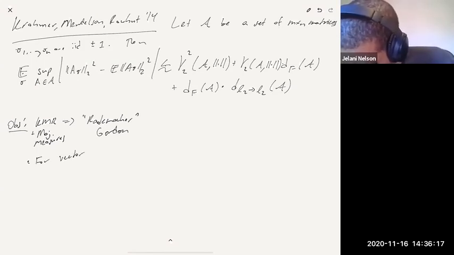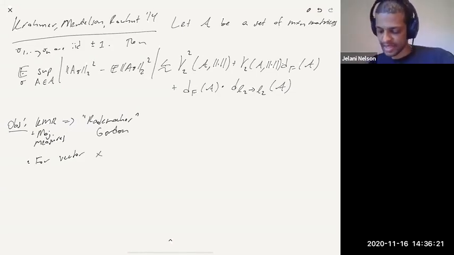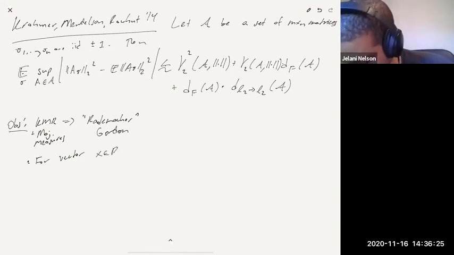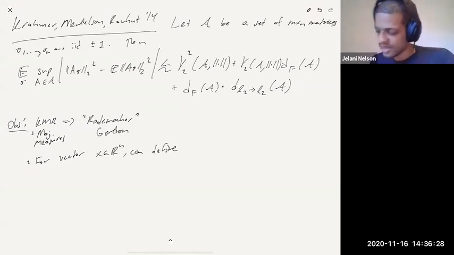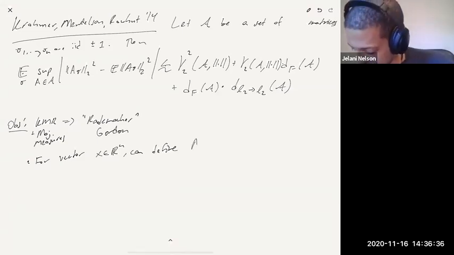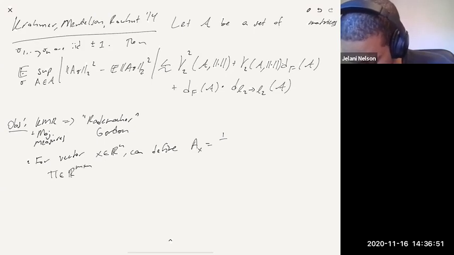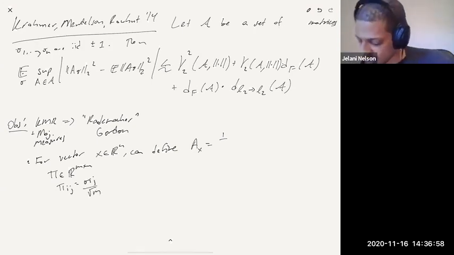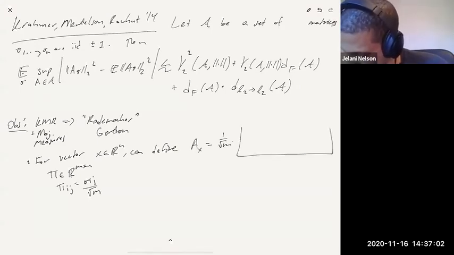For a vector x in R^n, with pi in R^(m by n) and pi_ij equal to sigma_ij over root m, I can define a matrix A_x, which is 1 over root m times x transpose, x transpose, x transpose, where everything else is 0.